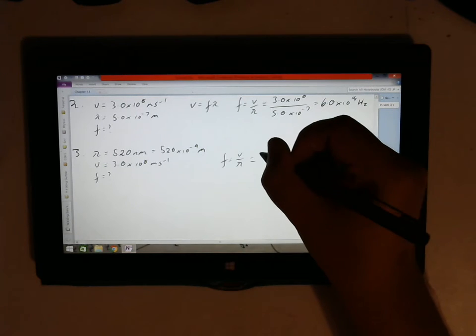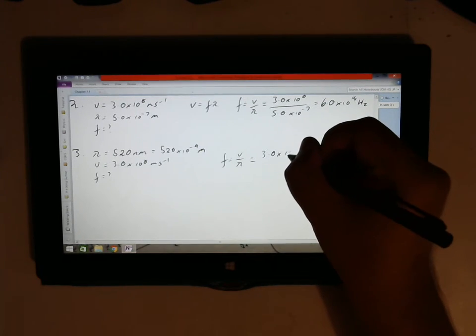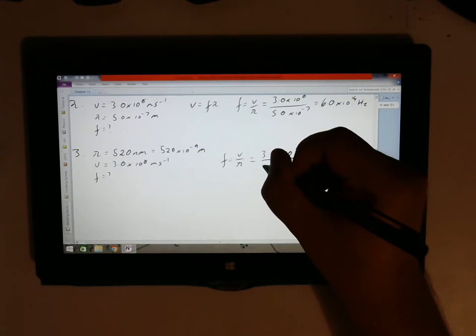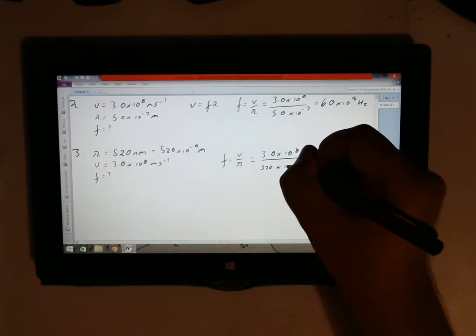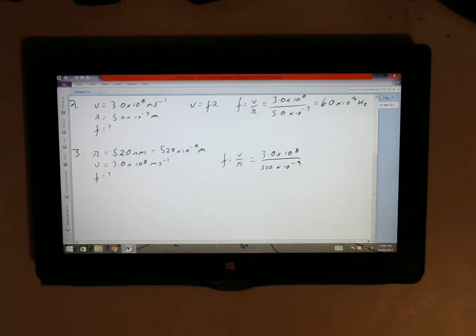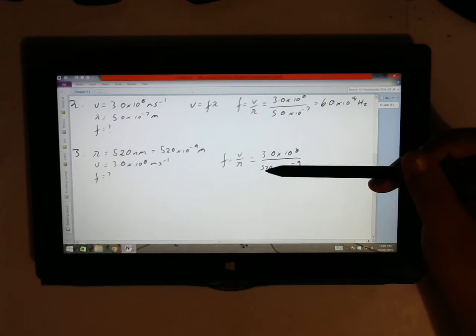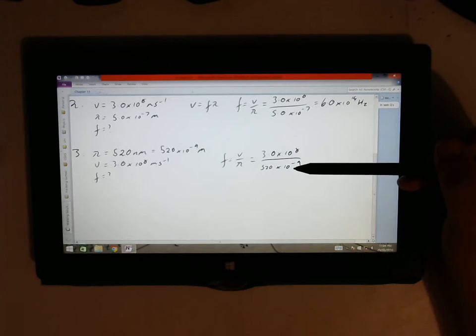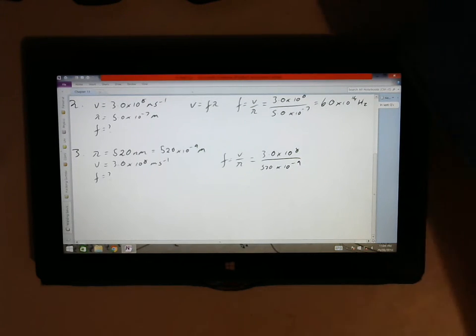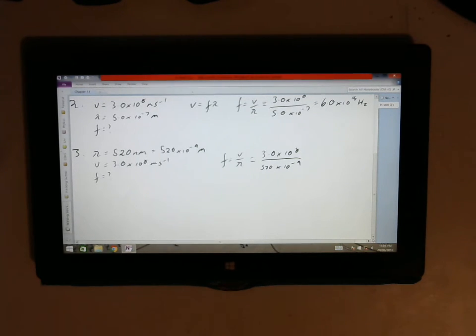We can substitute 3.0 times 10 to the 8 divided by 520 times 10 to the negative 9, and we'll get an answer that is roughly similar to the one before. So we've got 10 to the 8 divided by 10 to the negative 9, but we've got a 10 to the positive 2 there, so that would make it 10 to the negative 7. So again, we'd be around the 10 to the 14 margin.